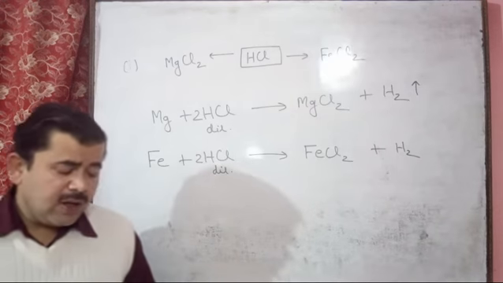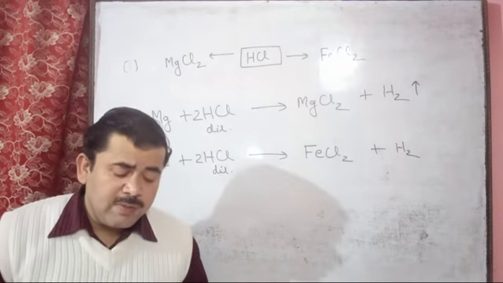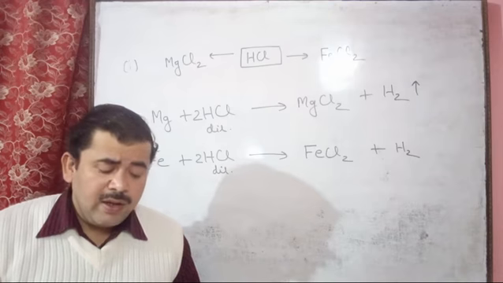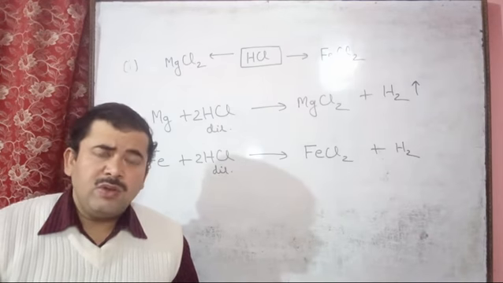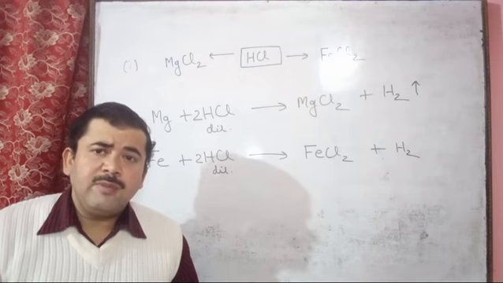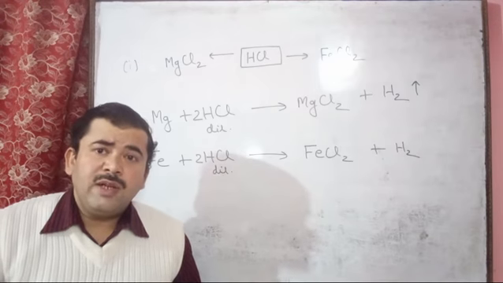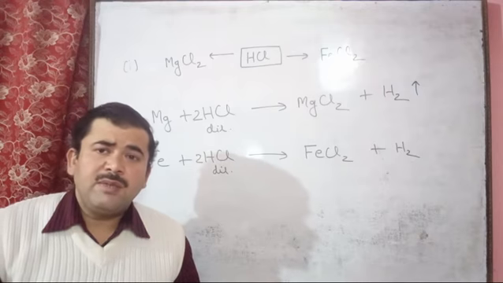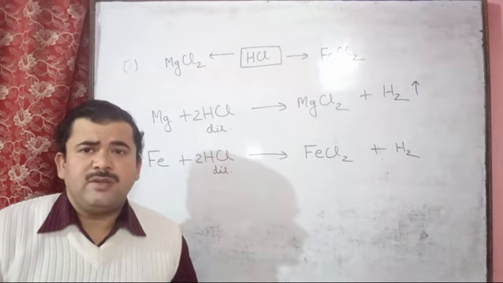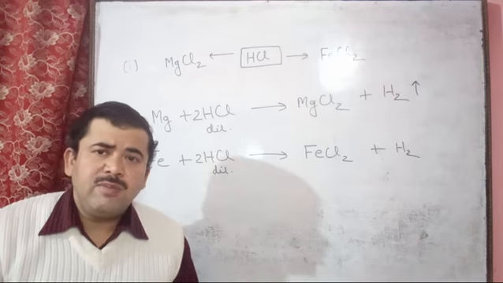Fourth question here, hydrogen is collected by the downward displacement of water and not air, even though it is lighter than air. Even though hydrogen is lighter than air, hydrogen is an inflammable gas, and this makes an explosive mixture with air.